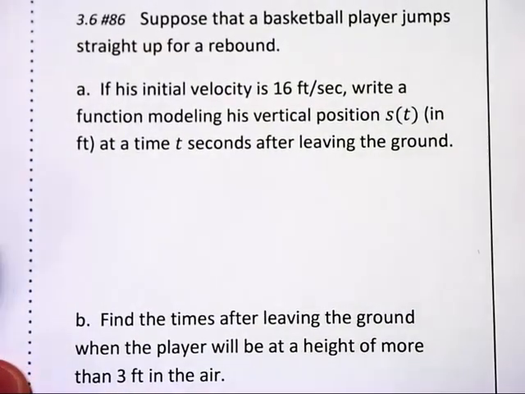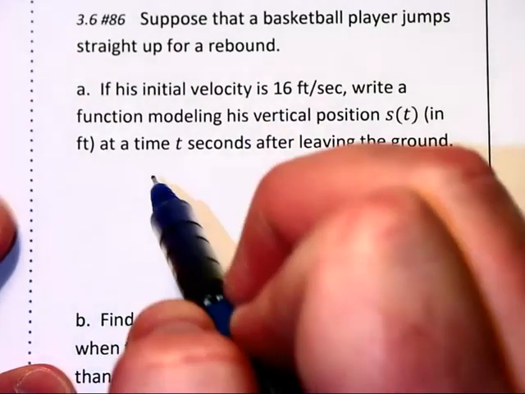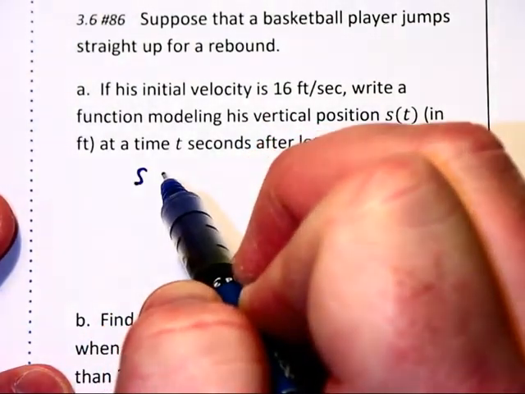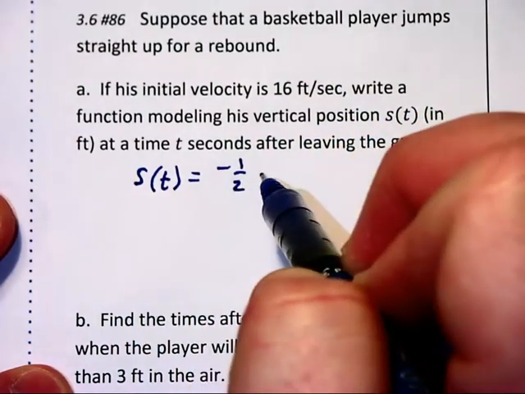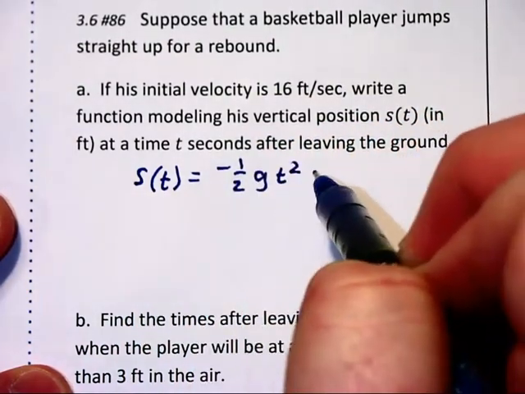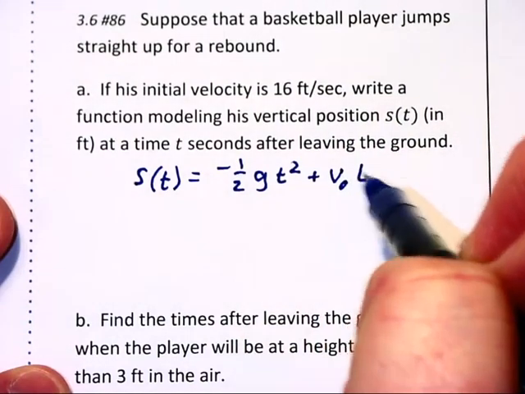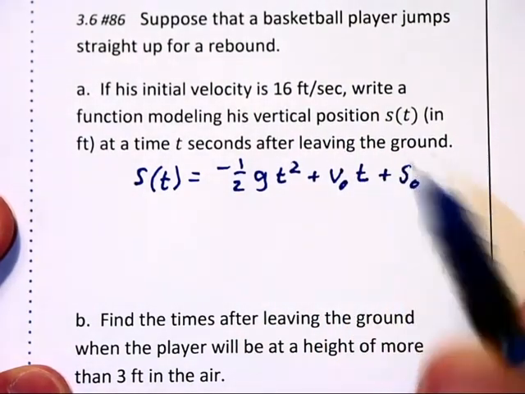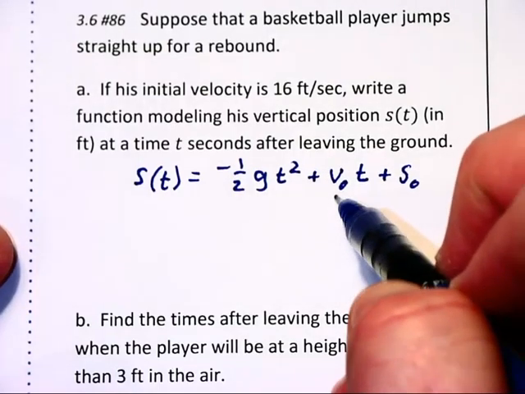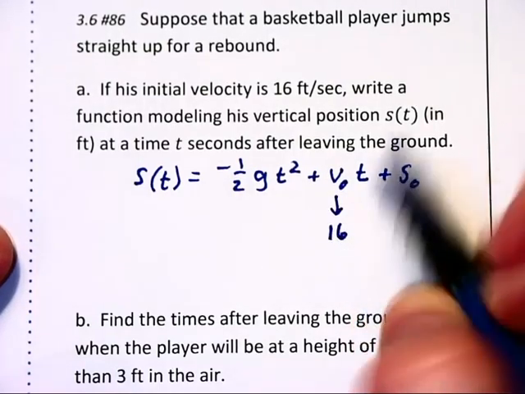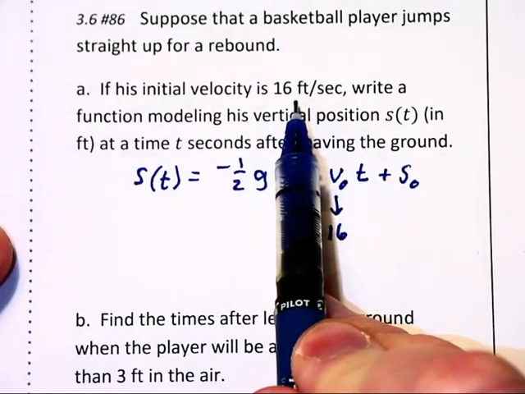We want to derive the formula, and I'm going to start with, again, what we have up above. s sub t is equal to -1/2 g t squared plus v sub 0 t plus s sub 0. It tells us the initial velocity is 16, so I can substitute 16 right there, and it's feet per second squared.